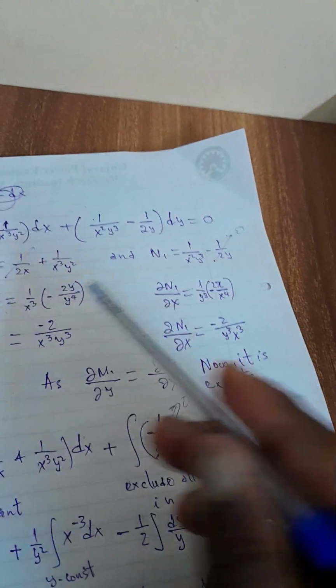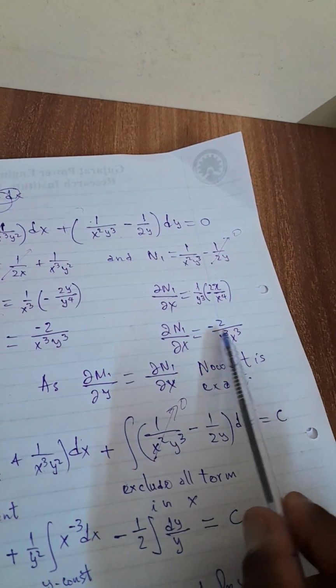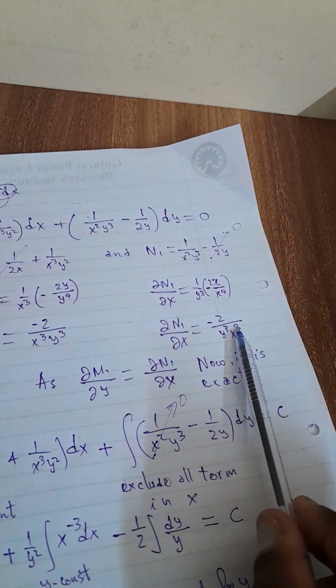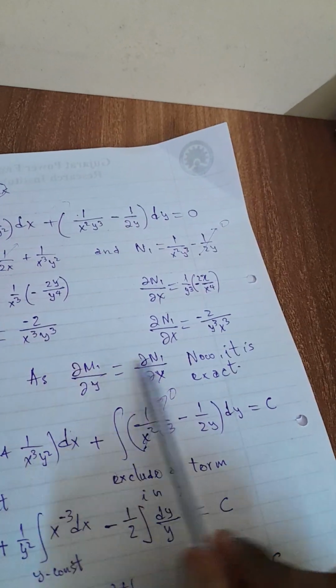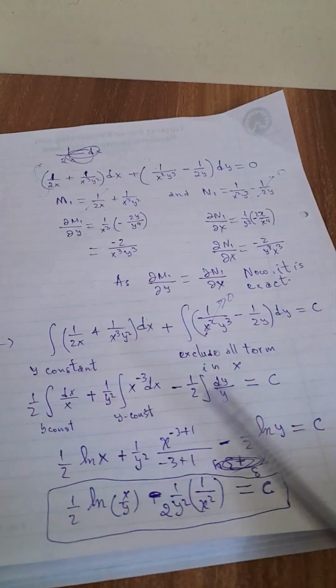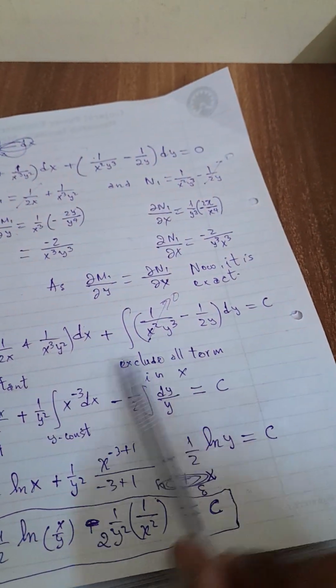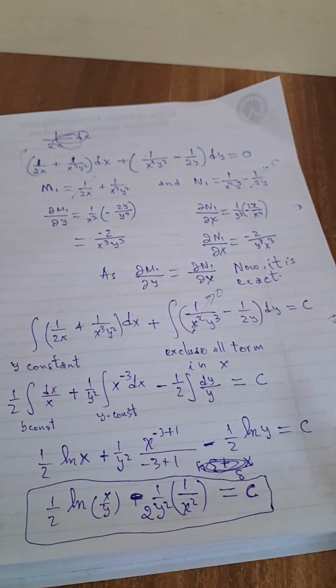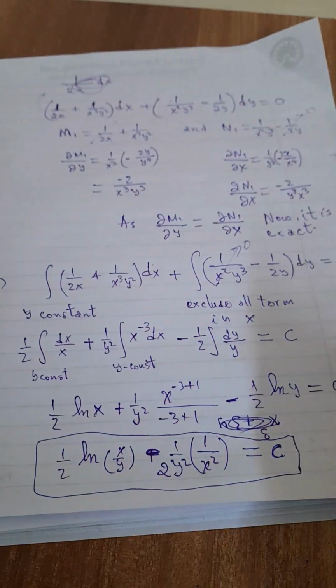Now that you multiplied, it is exact; it can be reduced to an exact equation. Then after you see that this is exact, apply the exact method for differential equations. Then you exclude and solve. Hope you can understand, and thank you very much.